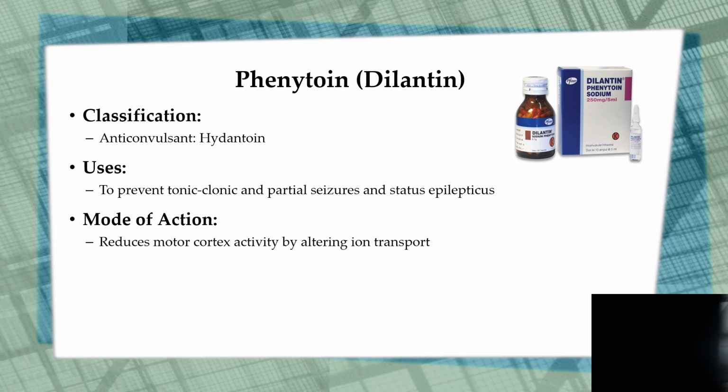So what anticonvulsant drugs do is decrease the repetitive neuronal firing, and by doing that they limit seizures. Dilantin or phenytoin is a highly protein-bound drug. What it means is it has a very high affinity for protein.